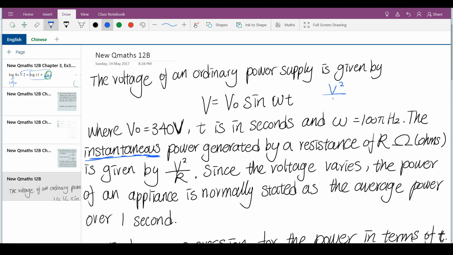V squared over R is equal to the instantaneous power, right? Then it says, since the voltage varies, the power of an appliance is normally stated as the average power over 1 second. All right, so let's jot down all those important bits. Right, let's have a look at the first question.